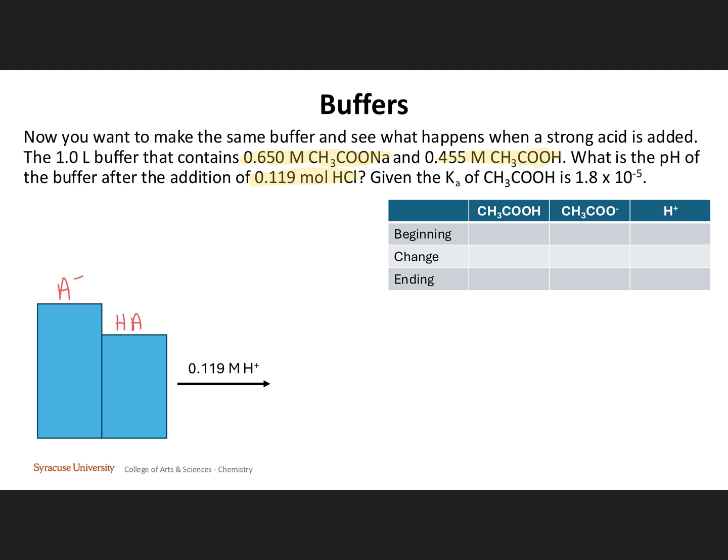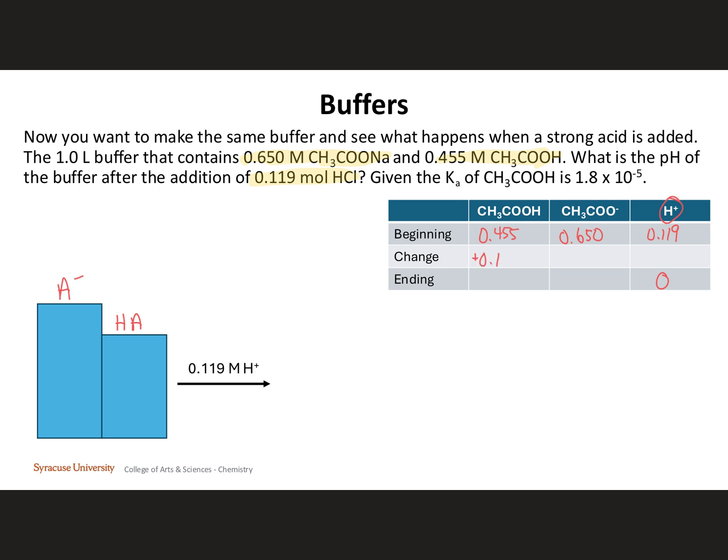So let's fill in everything that we've got here. We know acetic acid is 0.455. My conjugate base 0.650, and my acid is 0.119. And we know it all needs to be consumed at the end of the reaction, and because I'm adding a strong acid, I should see the concentration of my weak acid increase.